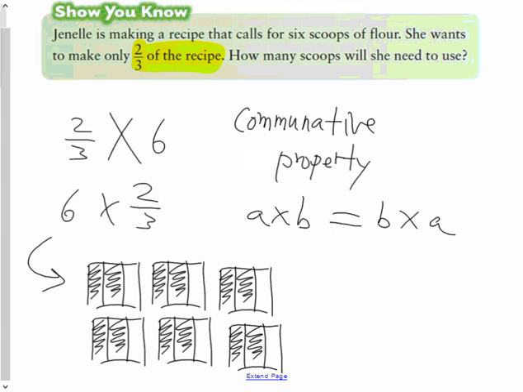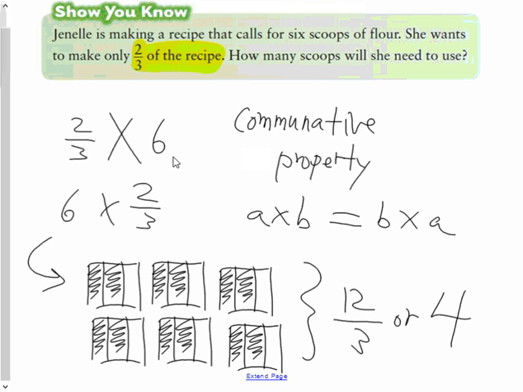I would then say I have how many thirds altogether? 12 thirds, sorry, 12 thirds. Altogether, I would have 12 thirds needed for this recipe, okay? Or, since that is an improper fraction, 12 thirds as a whole number is exactly the number 4, right?